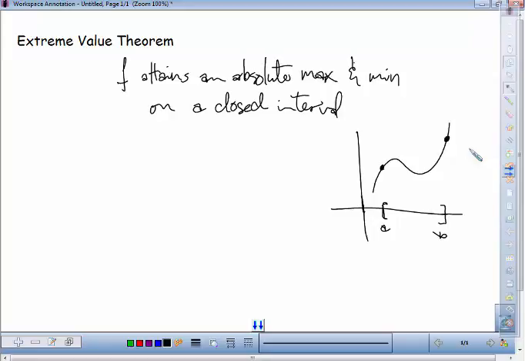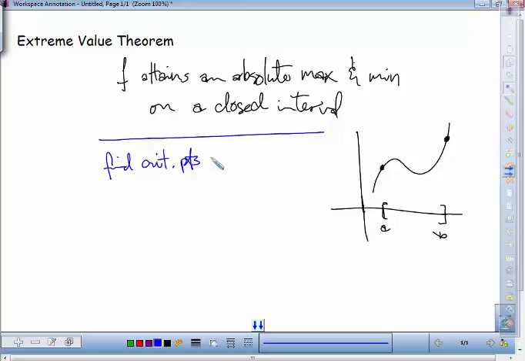And the way you would find the extreme values, you would find the critical points on your function, and then you would find the endpoints. So you find critical points, and we'll just call it P for critical point.